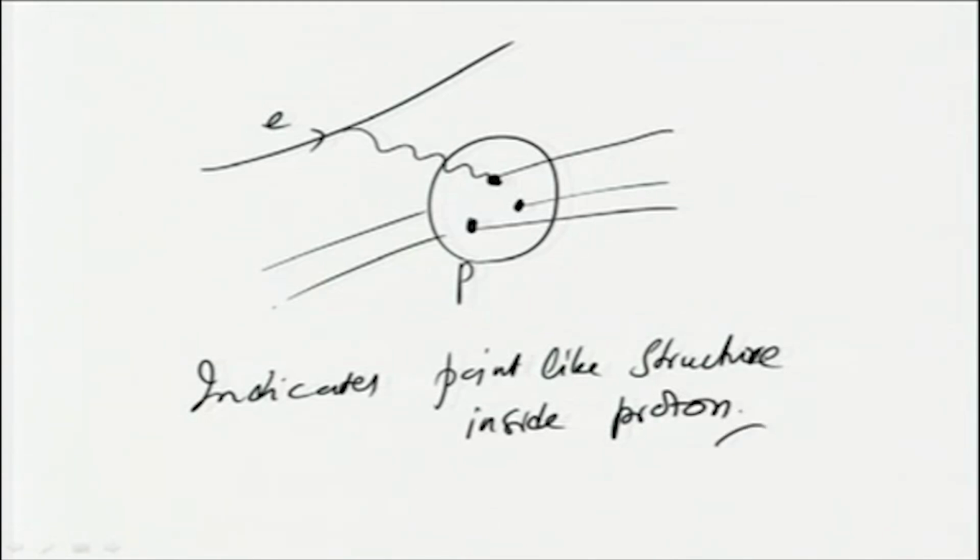Of course, we will have to investigate a little further and study a little more to have a better understanding of this, and to also confirm that there are these point like particles and they indeed correspond to what we call the quarks in the quark model, and consistently we can build the picture which agrees with the experimental results.